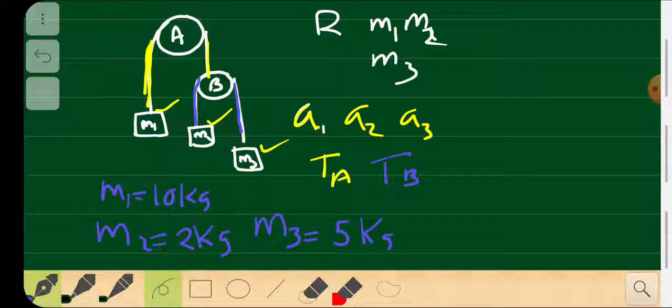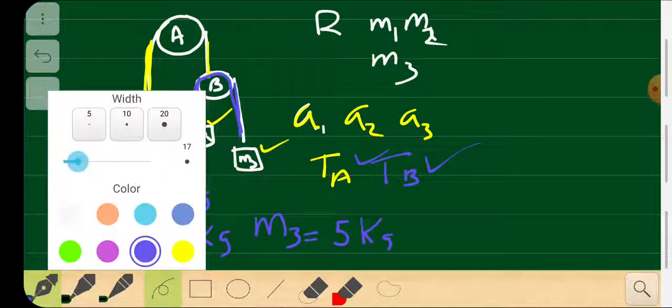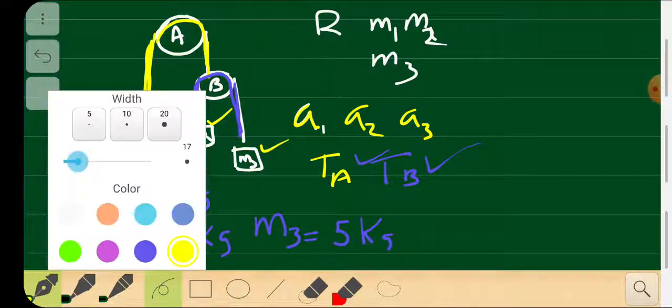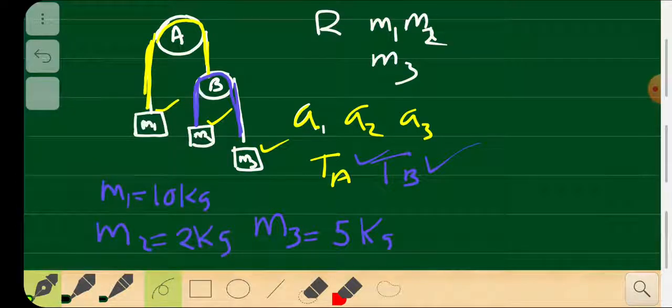I need to find the tension in both strings, T of A and T of B, where T of B is the string on the pulley, and T of A is the first string. I need to find the tensions as well as the accelerations. So how can I do that?